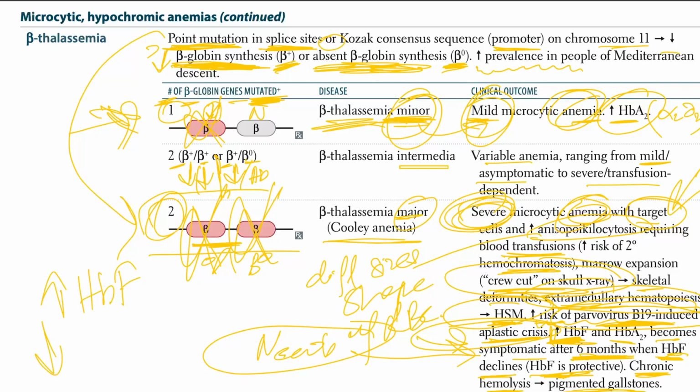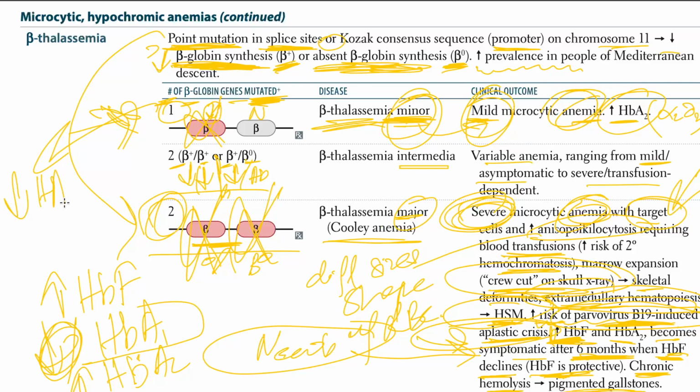HbA1 is decreased or not even present, and you have a compensatory increase in HbA2 as well. In one case you have none of HbA1; in the other you just have decreased production of HbA1.